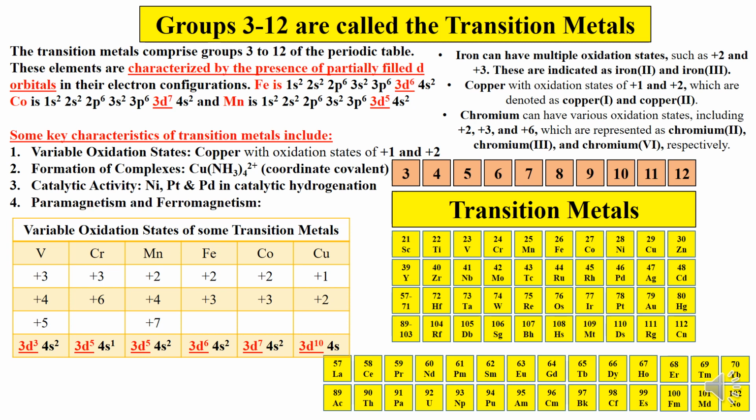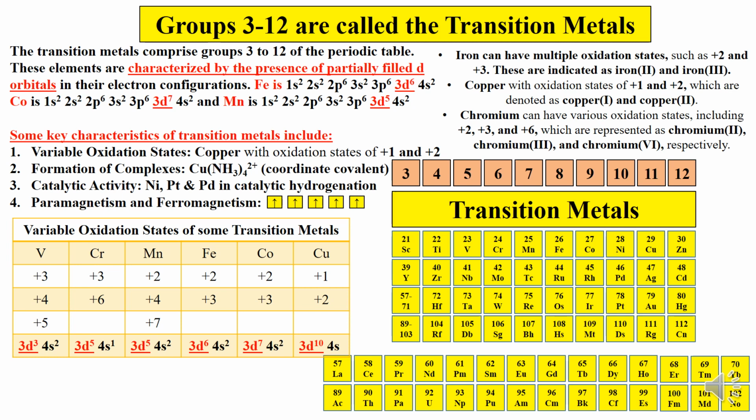Now coming to the most important property of transition metals, that is paramagnetism and ferromagnetism. Let me start with paramagnetism. As I already mentioned, transition metals are characterized by the presence of partially filled d orbitals.